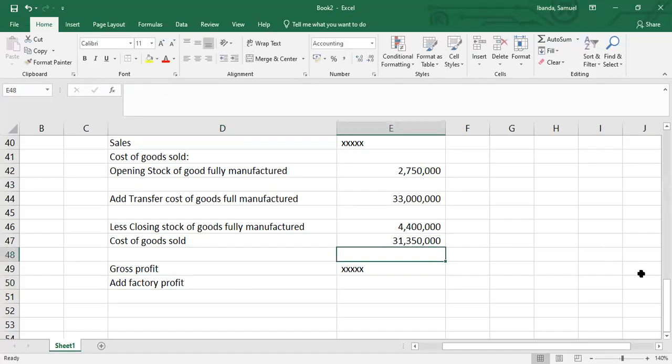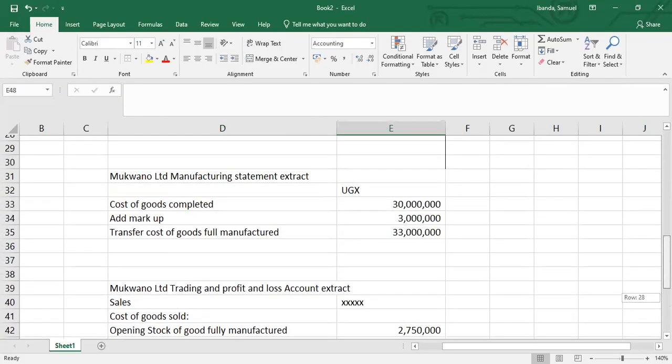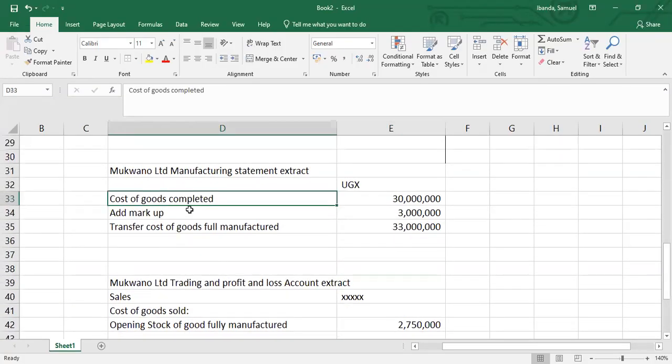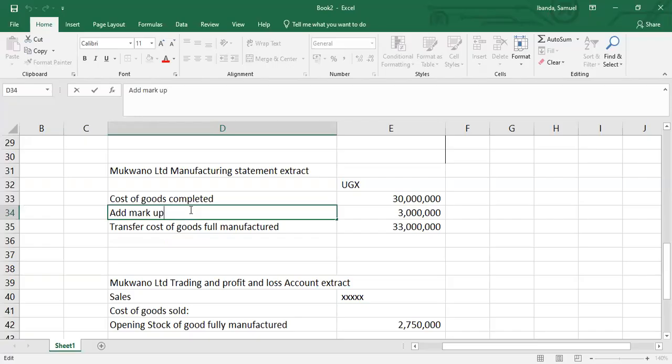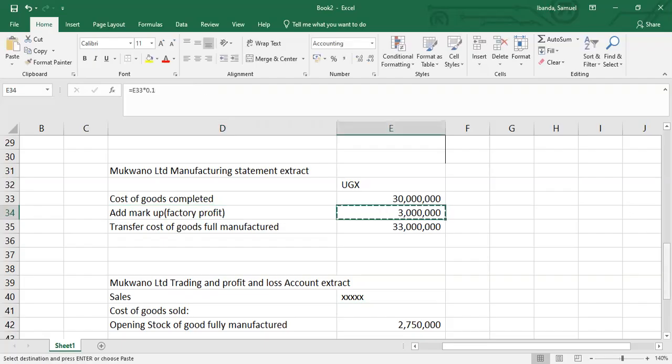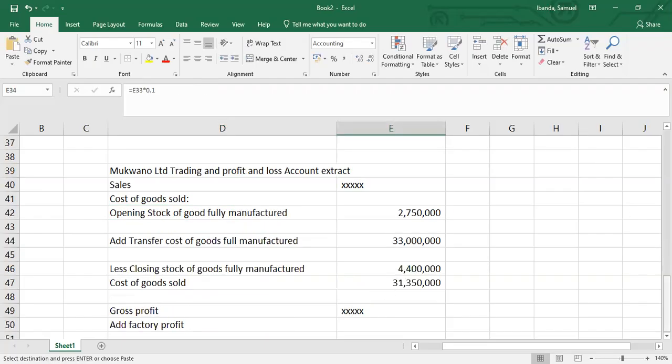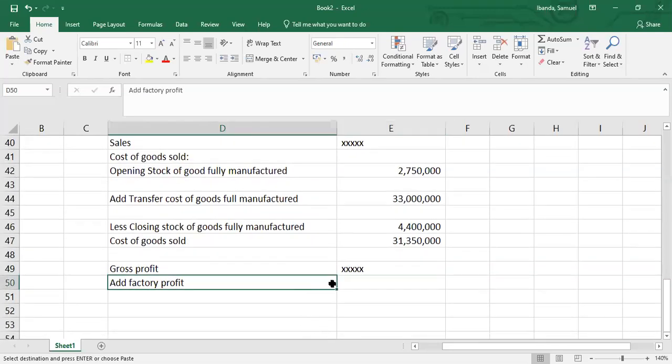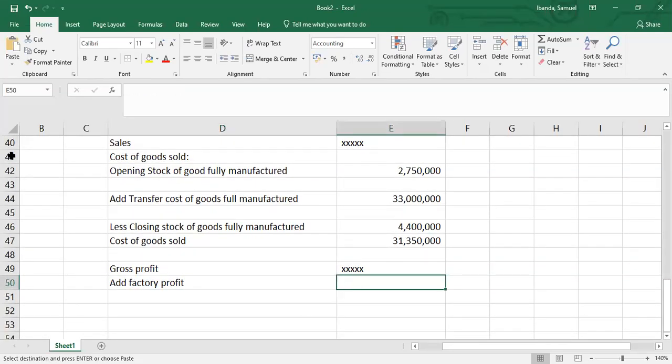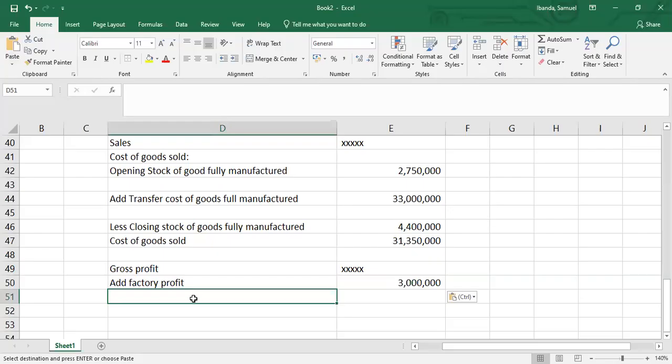Do you remember the profit we just made, the markup on our cost of goods fully completed? This is our factory profit for the period. So this 3 million is supposed to be added onto our gross profit, right here, like that.